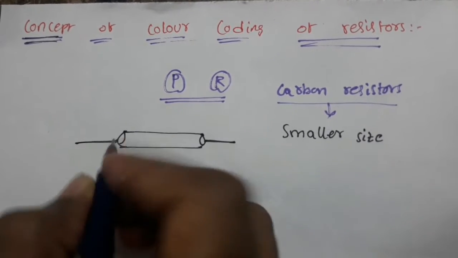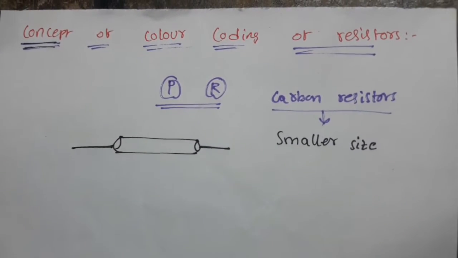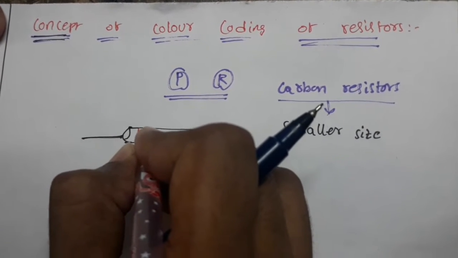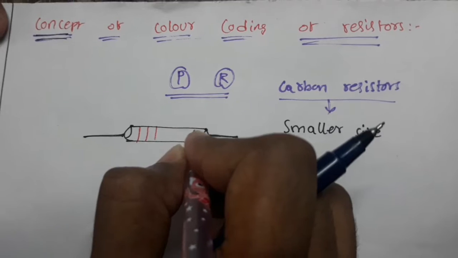this has 2 terminals. We have 4 or 5 bands generally. This is band 1, this is band 2, this is band 3, this is band 4.